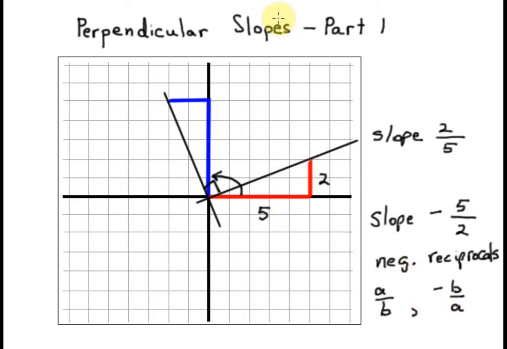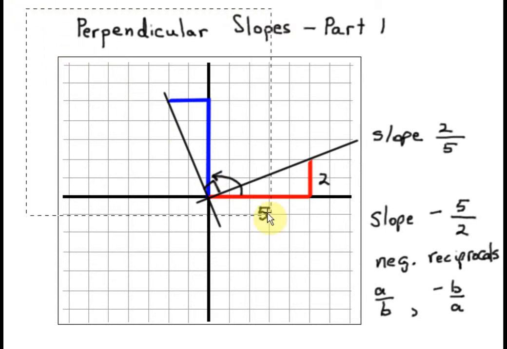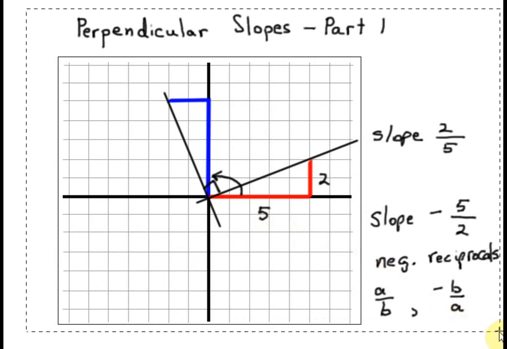So I'm going to do an example now. Let me just clear off the screen to show you how this knowledge helps us to answer questions. Okay, so in this example I have two lines that are perpendicular to each other.